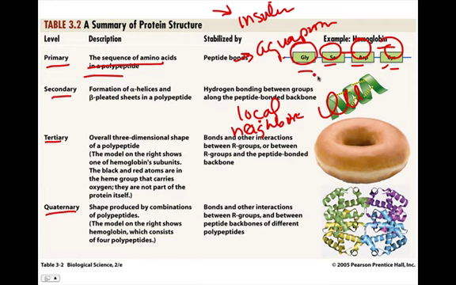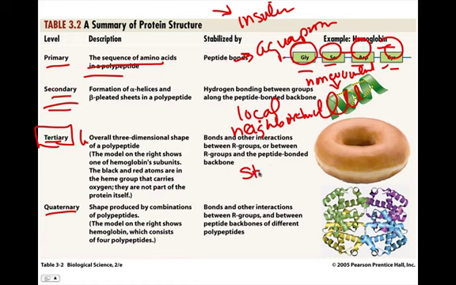It starts out as cooked spaghetti, but then because of non-covalent interactions between the water and the amino acid chain, and also between the amino acids in the chain, we get some local neighborhood folding that's called secondary structure. And then the overall three-dimensional shape of a protein is called the tertiary structure. So when we say aquaporin looks like a donut, we're referring to its tertiary structure.